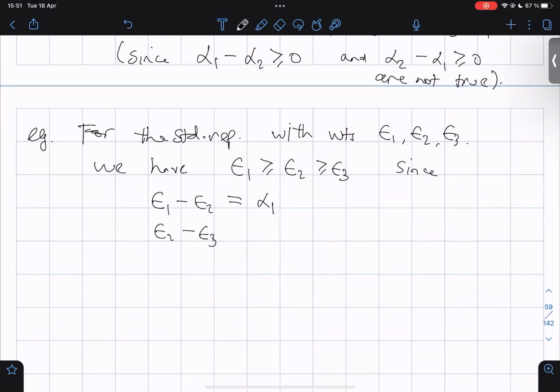Epsilon 2 minus epsilon 3 is alpha 2. So again, this is true. This means that the coefficients are non-negative in the alpha basis.